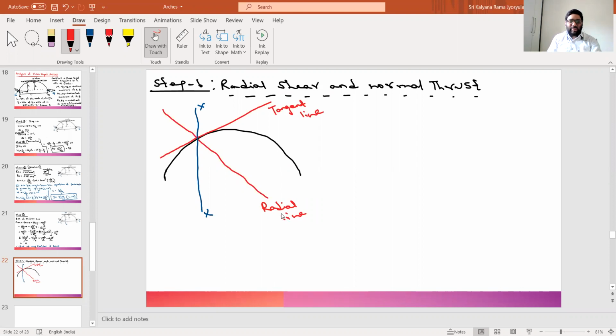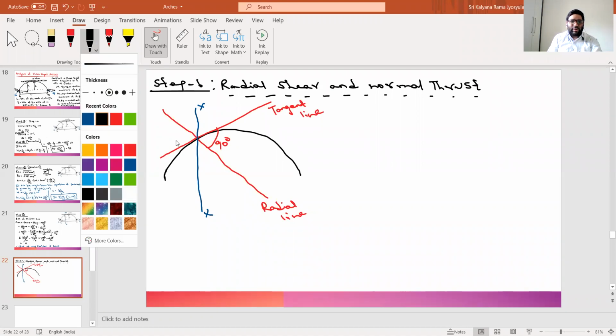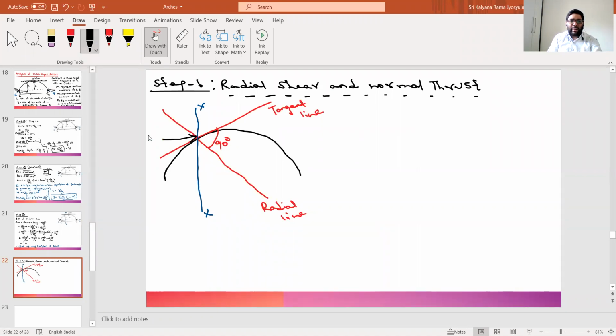Okay, this is the section XX. And if you see, this inclination is 90 degrees. You can see this is a right angle triangle, 90 degrees. And if you have the horizontal force HA here, the angle between this would be theta.